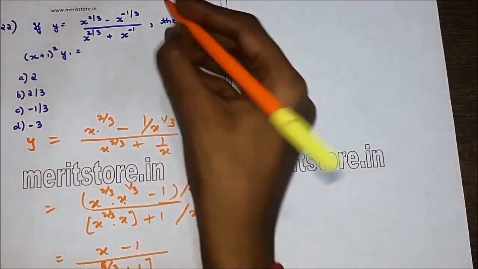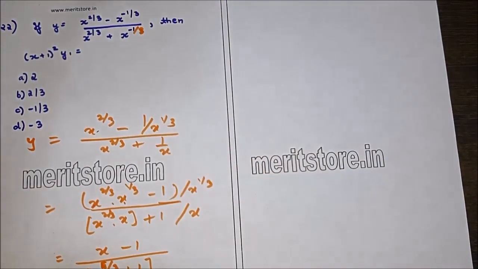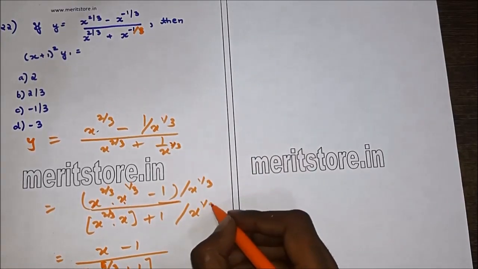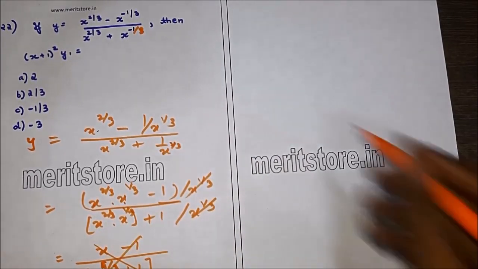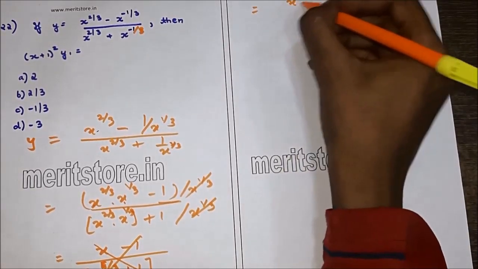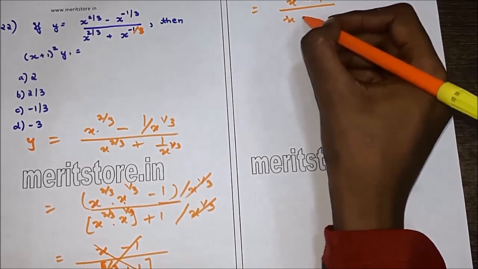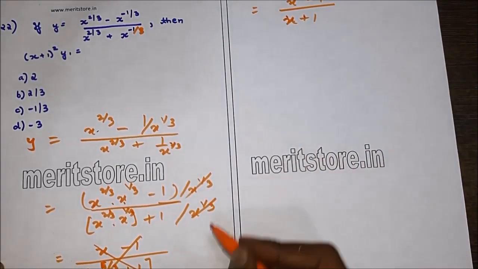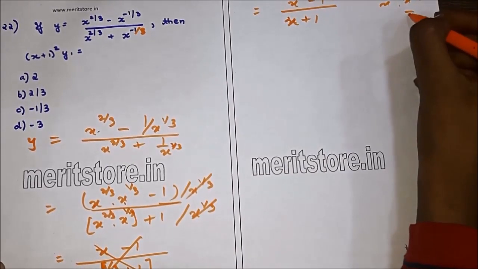There's a correction in the question. So this is minus 1 by 3. Again this is 1 by 3. So this gets cancelled. So we get x minus 1 upon x plus 1, since x raised to 2 by 3 into x raised to 1 by 3 is x.